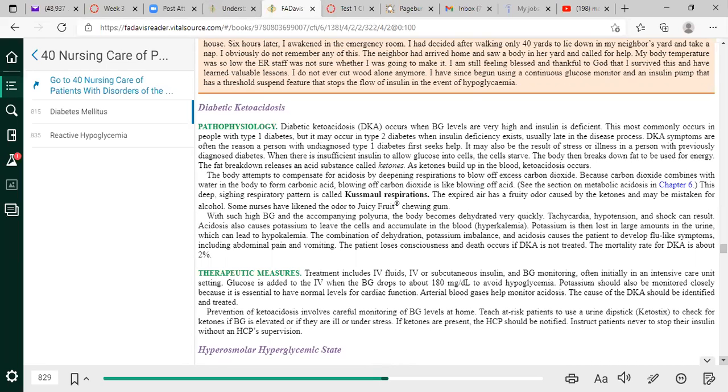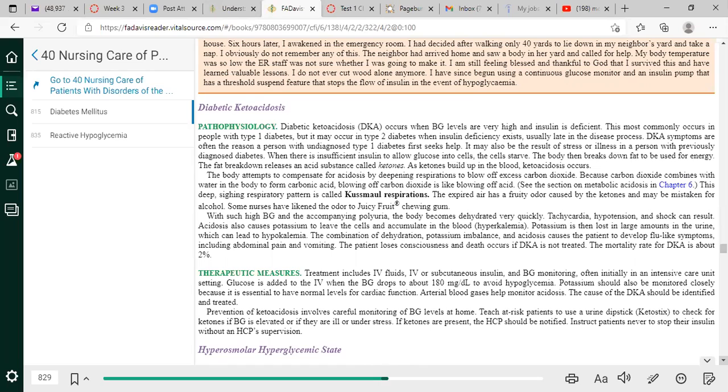And it's just talking about diabetic ketoacidosis. It more commonly occurs in type 1 diabetes, but not so much type 2. And again, diabetic ketoacidosis is the result of fatty cells releasing ketones. And the fatty cells typically release ketones as a result of starvation or strenuous exercise, that type of thing.